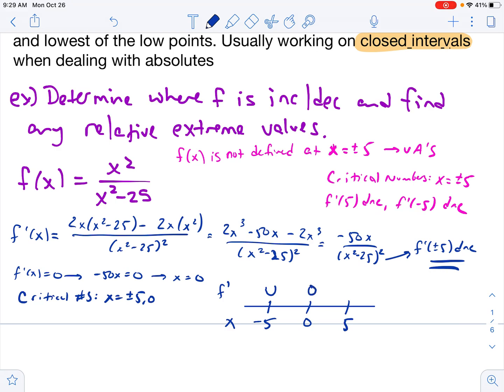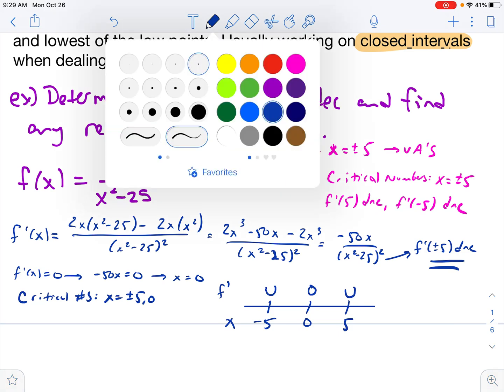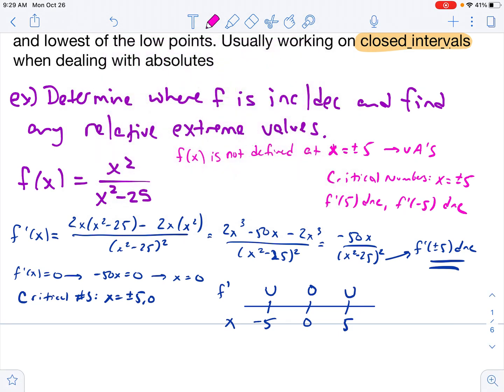F prime of 0 was 0, so I put a 0 up top there, and f prime of 5 was undefined, again, at 5. Now I want to look at the sign of f prime in these regions. We're going to test the sign of f prime in the 4 regions we have.